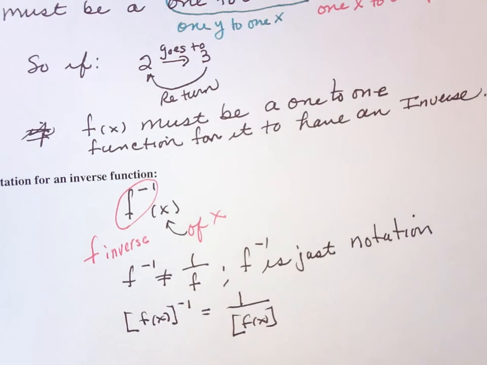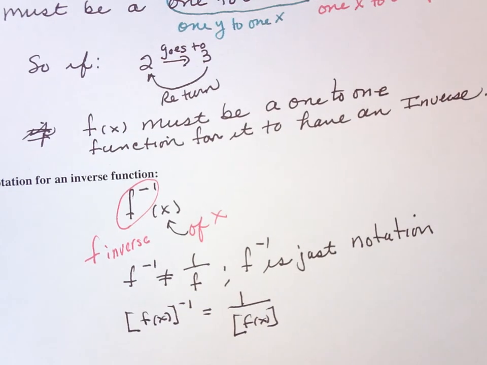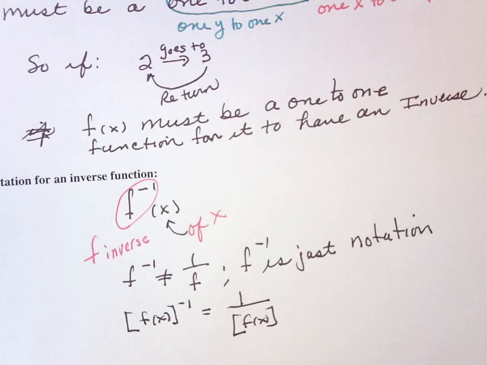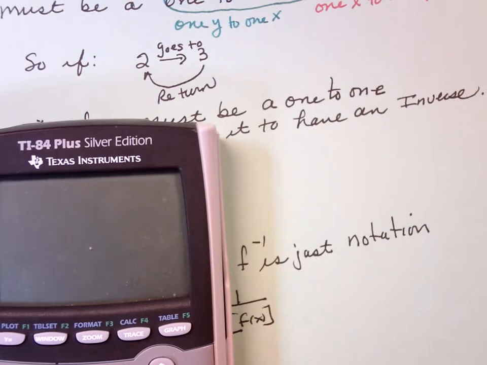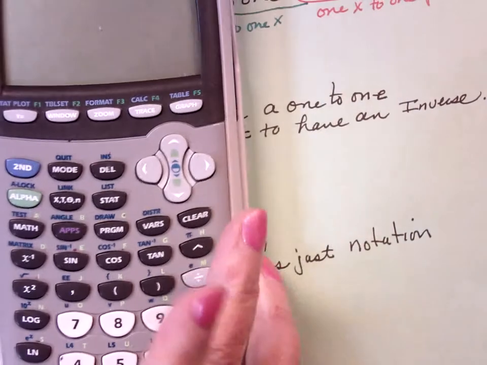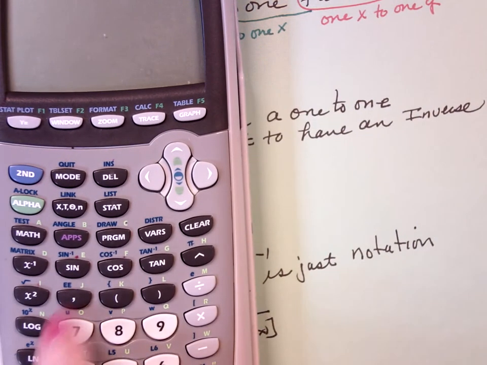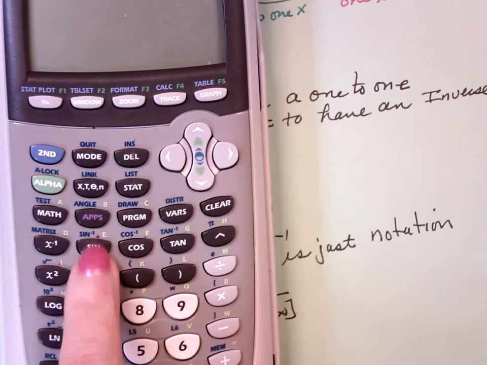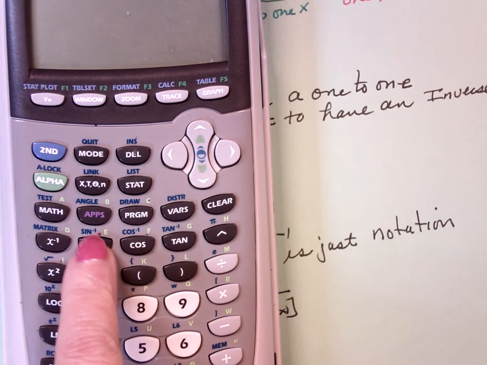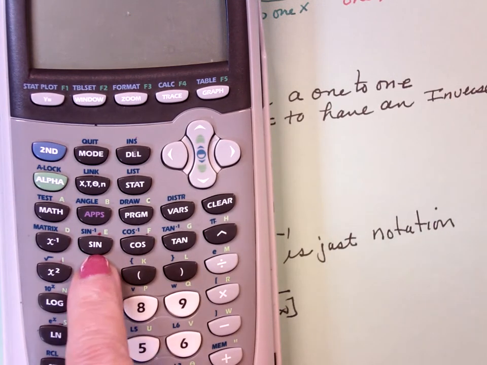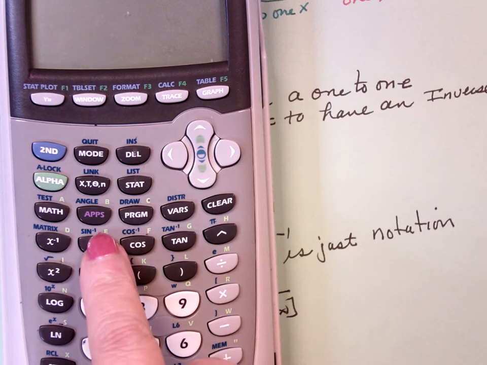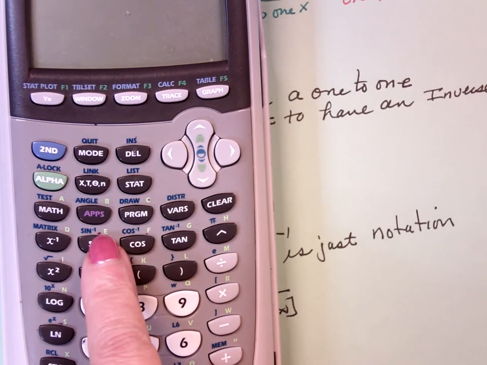And you see it on your calculator. If I look at my calculator face, I see above the SIN button, SIN minus 1. That's the sine inverse.